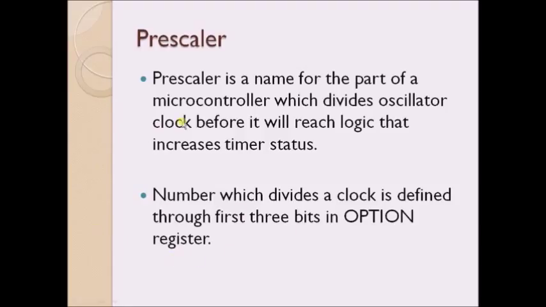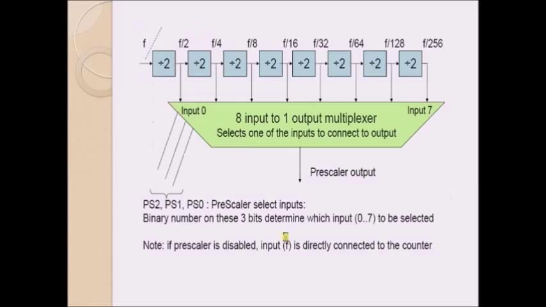Here you can see the clock frequency, and it is getting divided by factors like 2, 4, 8, 16, 32 and so on up to 256. All of these divided clocks are given as inputs to this multiplexer.